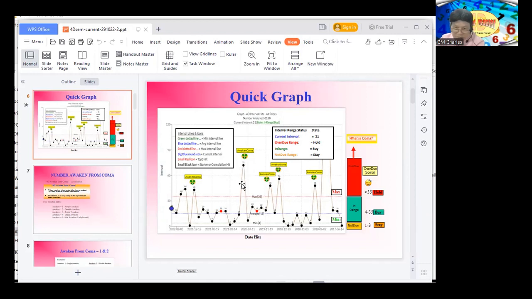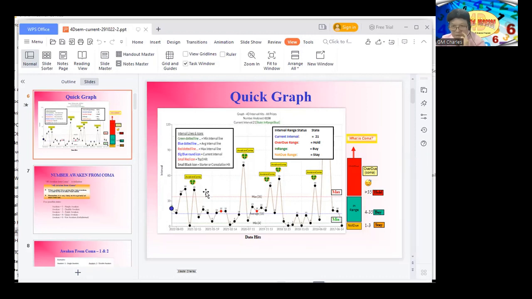I was saying that some go into overdue at a short interval only. This one is at 43, this one is at 44 interval, this one is at 34. So long as it is above the maximum interval line, when after that it hits, we consider it awaken from coma.